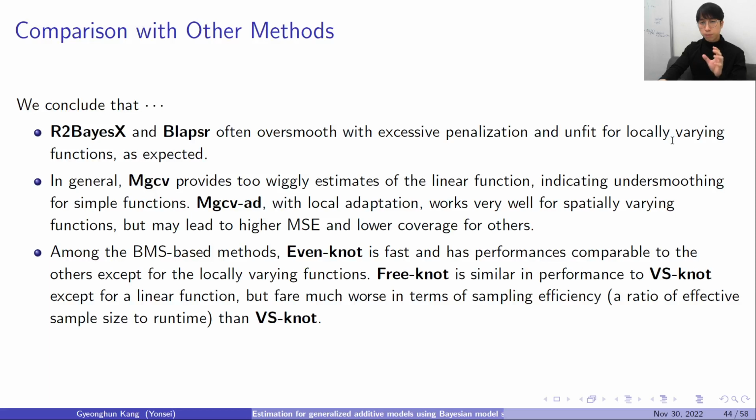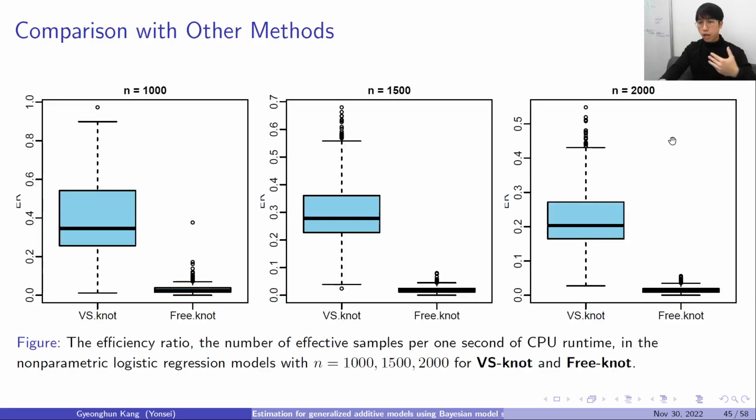We measure sampling efficiency as the ratio of effective sample size to runtime, so it means the number of effective samples that can be sampled in one second of CPU runtime. As you can see, variable selection knot can sample many more samples in the same amount of time, which means that mixing for variable selection knot is better than the free knot.